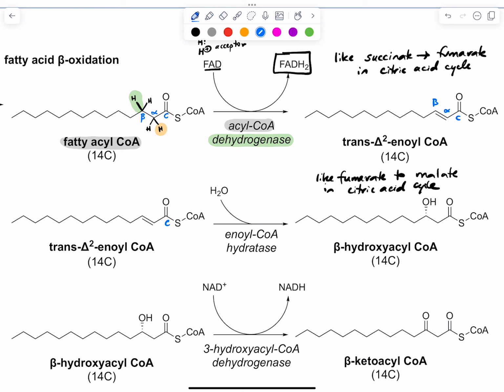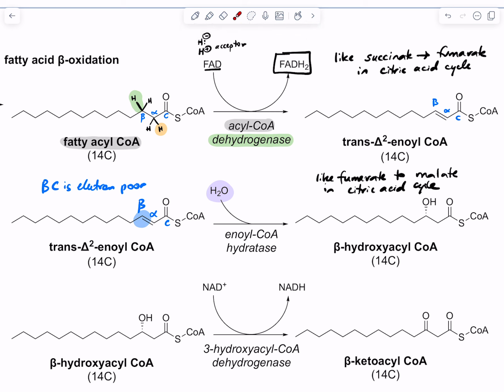The enoyl-CoA is an alpha-beta unsaturated carbonyl compound, and the beta carbon is electron poor. And so what you're going to do is add water to the beta carbon as a nucleophile, and then you'll pick up a proton on the alpha carbon through some enzyme, acidic enzyme side chain.